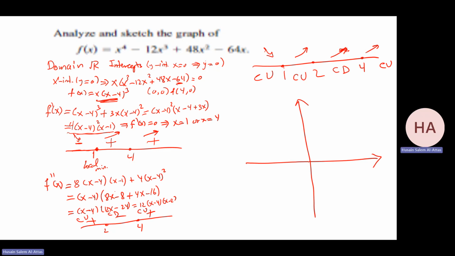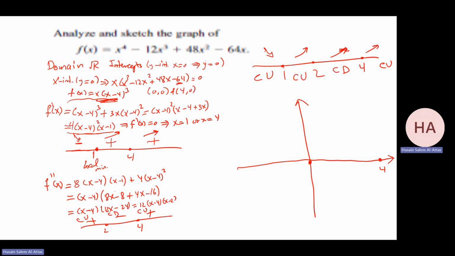I have 0, 0 and I have 4, 0. I think I need some space here. Let me take some space. Put them on here. Now, f of 1 is what?